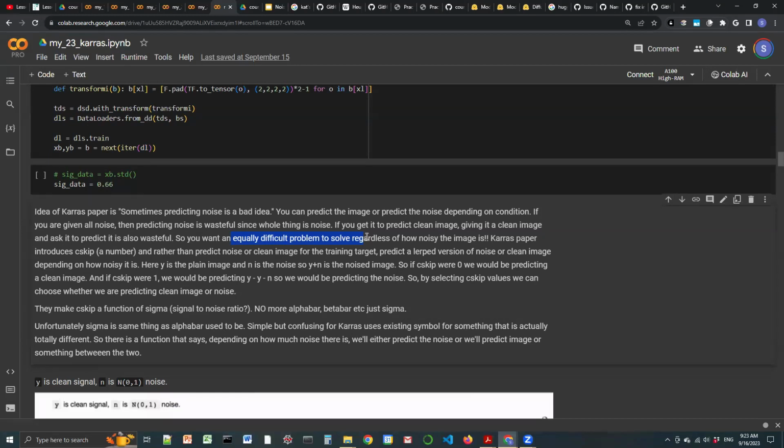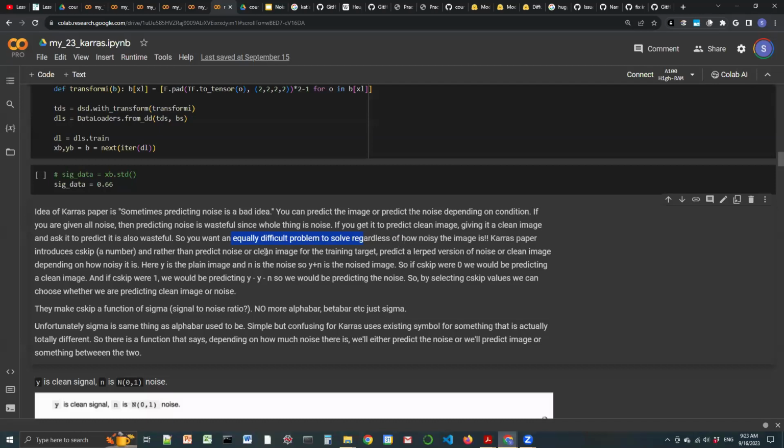If you're very close and you're adding a very small amount of noise, then again, that's not a very valuable thing for the model to predict, because noise is so little, there's not much that the model is learning. So the idea that the Karras paper comes up with is to have the model learn and predict different things depending on where it is in the diffusion process.